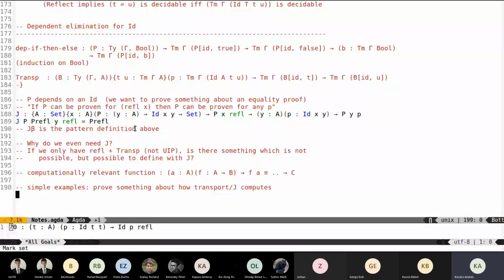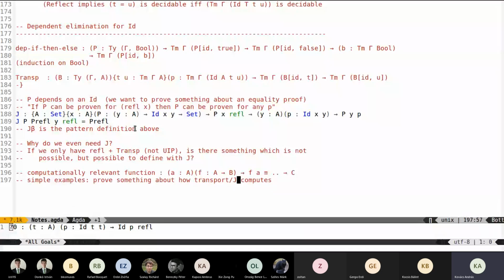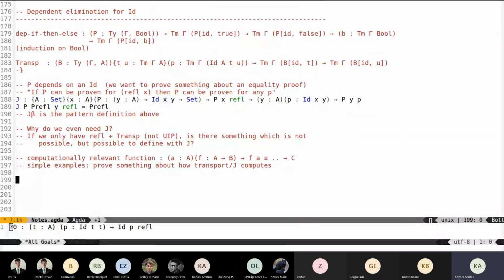And that's one point when I have to use J because I have something which depends on an equality proof. But an even simpler example is how transitivity computes, in some cases.